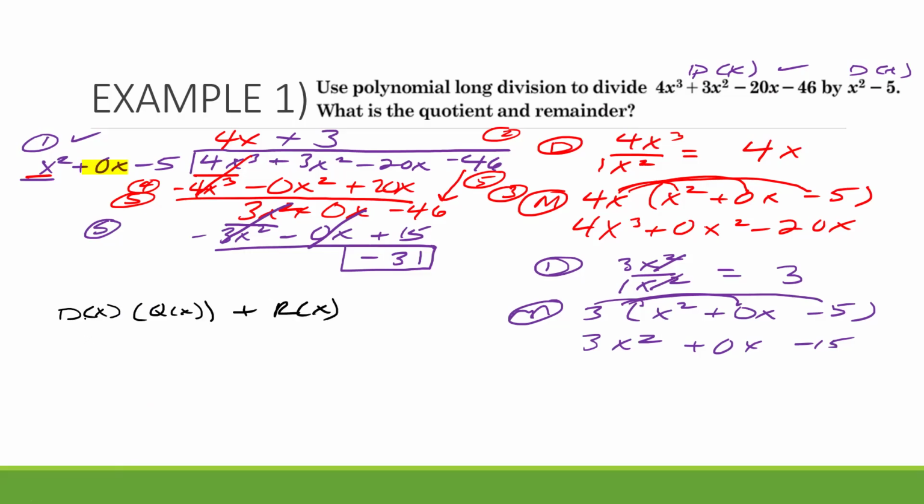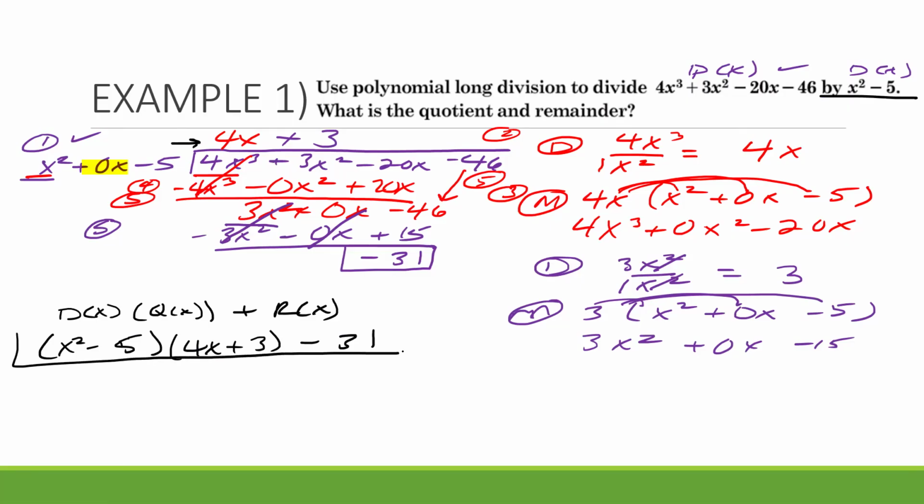Our original divisor was x squared minus 5, so we have x squared minus 5 times our quotient. And what was our quotient? 4x plus 3, plus our remainder. And our remainder is negative 31. And that would be your answer.